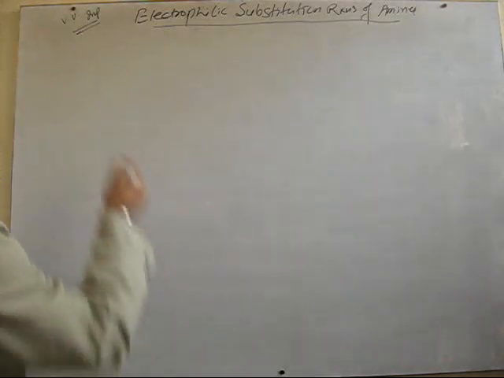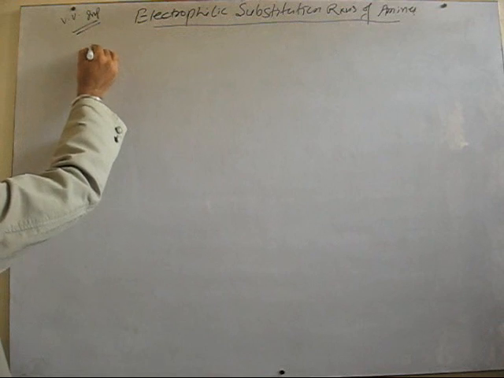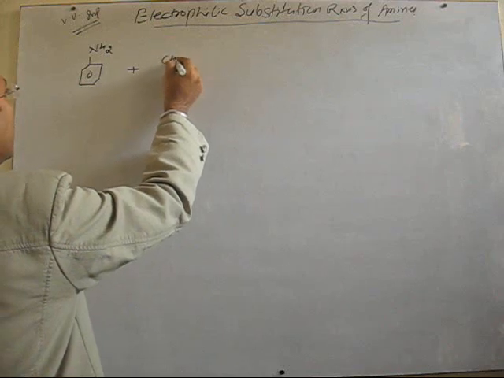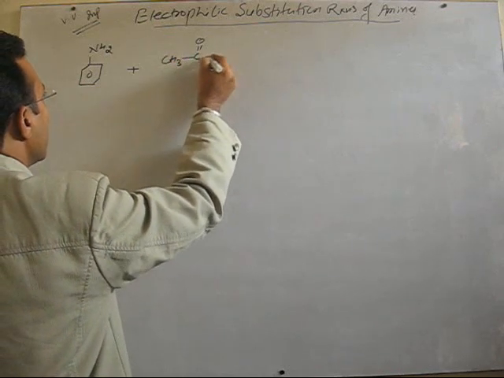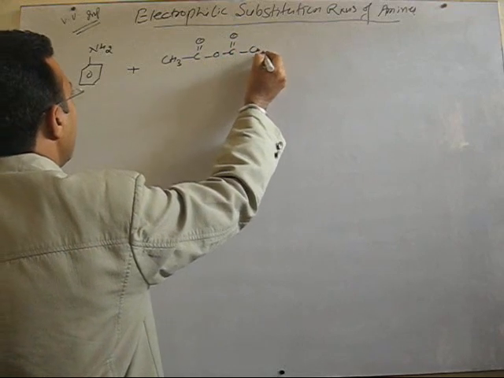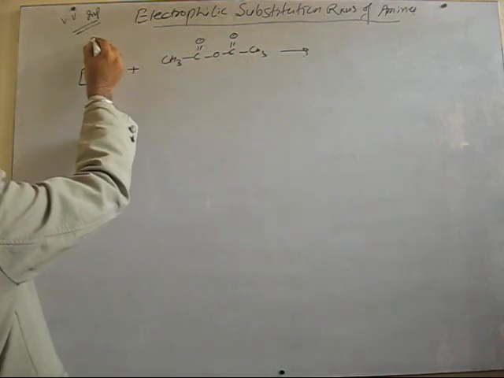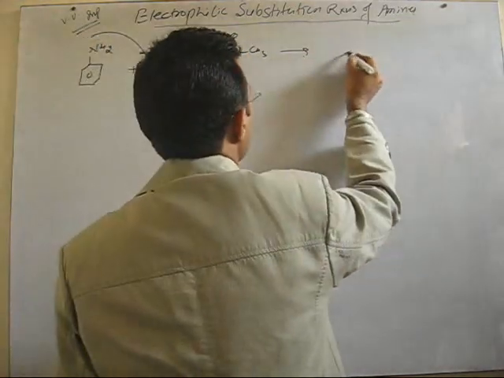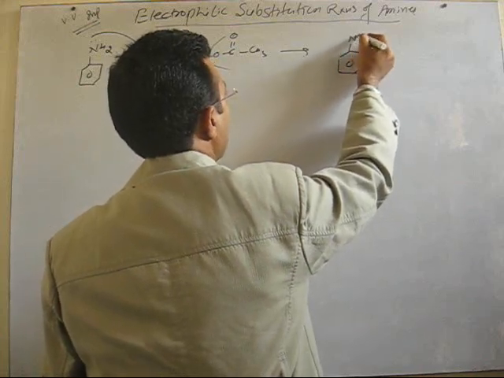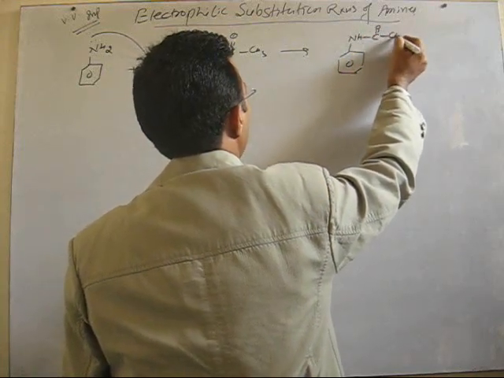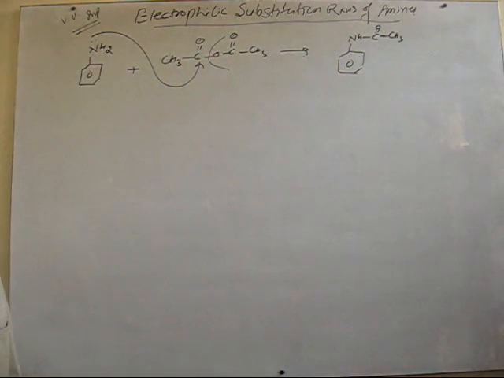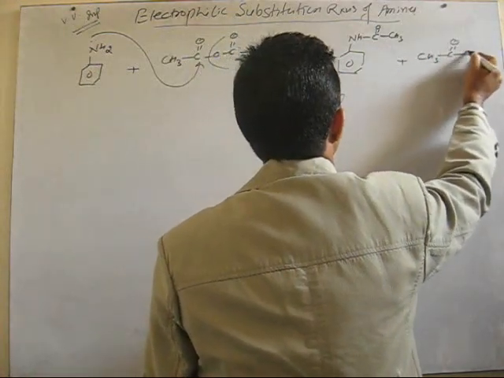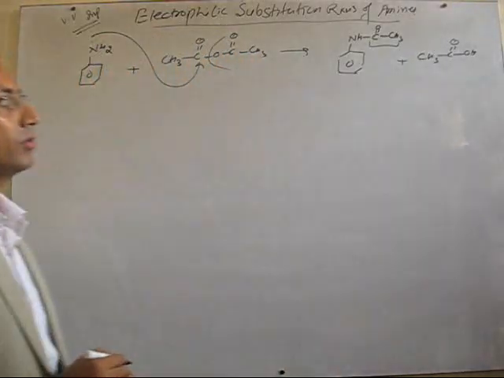It has been found that if aniline, before undergoing electrophilic substitution reaction, is acetylated by treating with an acid chloride or acid anhydride, we have just discussed this reaction earlier, right? So there is an acetyl group on the nitrogen, that is the acylation reaction which we have just discussed. So this is how we have introduced this group on the nitrogen of the aniline.